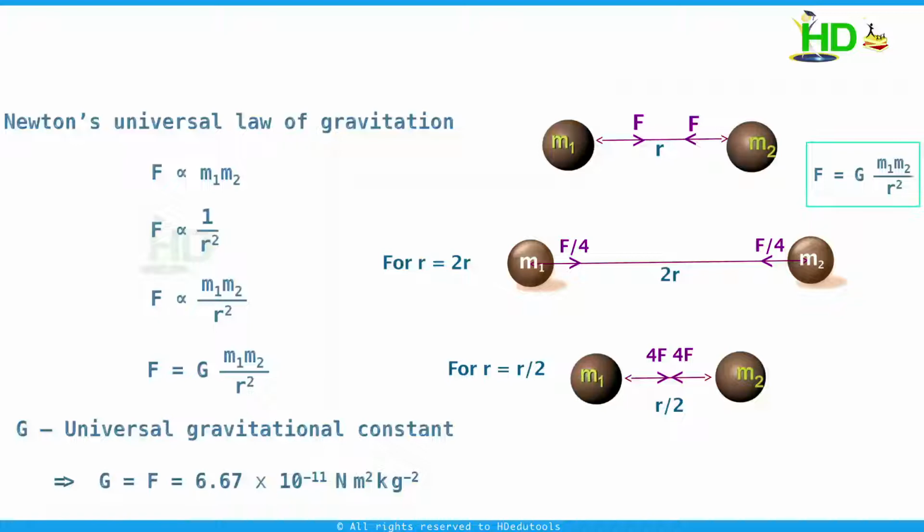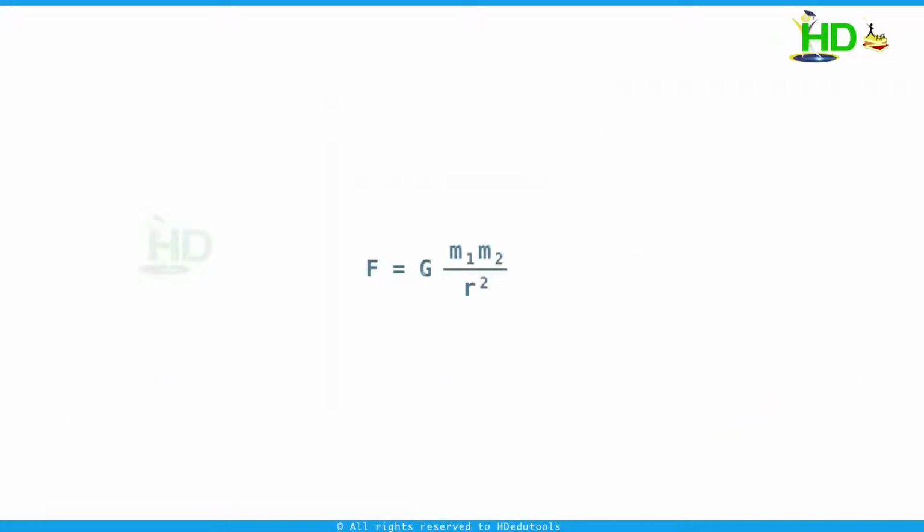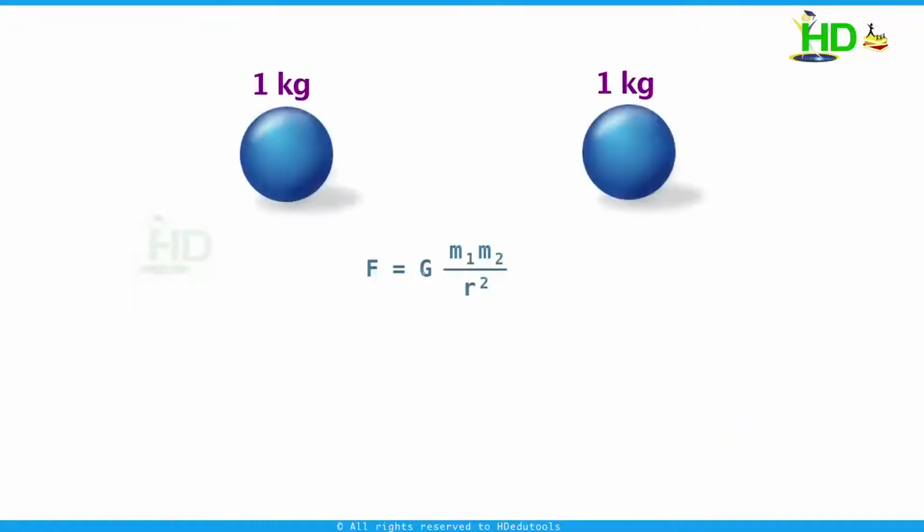This is in SI, and G is called the universal gravitational constant. We can define G as the force between two objects having unit mass separated by unit distance.